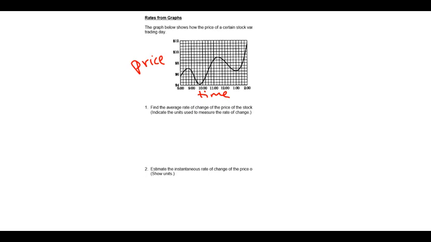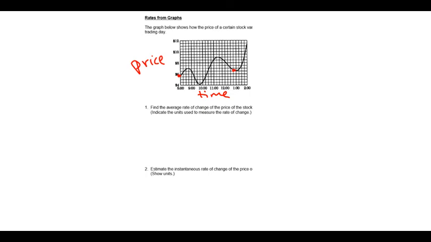So we want to find the average rate of change of the price of the stock from 8 to 1. So if we look at our graph, when time is 8, we're here. When time is 1, we're here. It looks like our y values are going up about 50 cents for each tick mark.